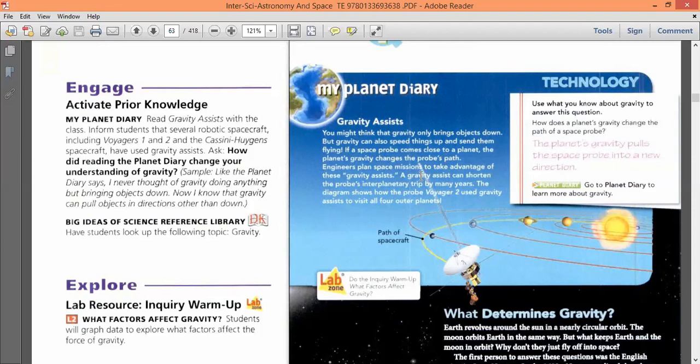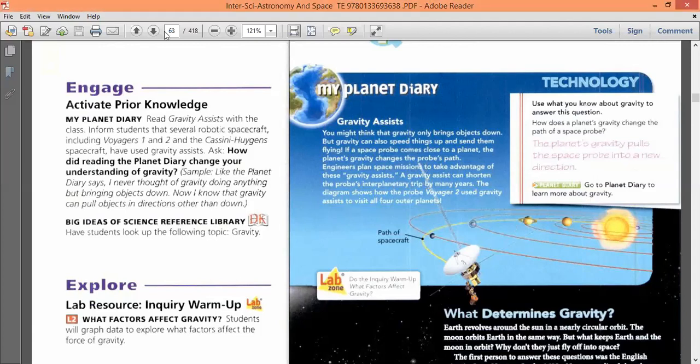Engineers plan space missions to take advantage of these gravity assists. A gravity assist can shorten the probe's interplanetary trip by many years. The diagram shows how the probe Voyager 2 used gravity assist to visit all 4 outer planets.